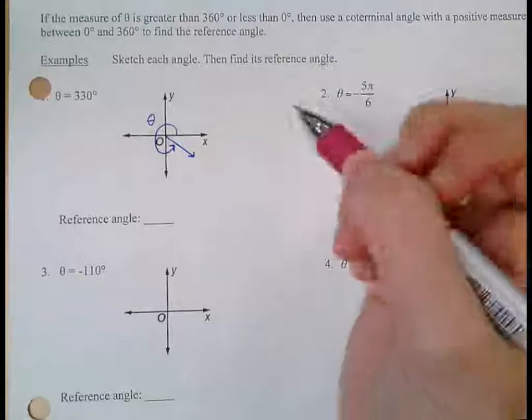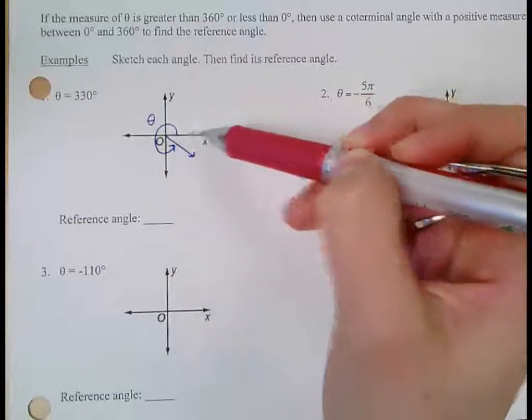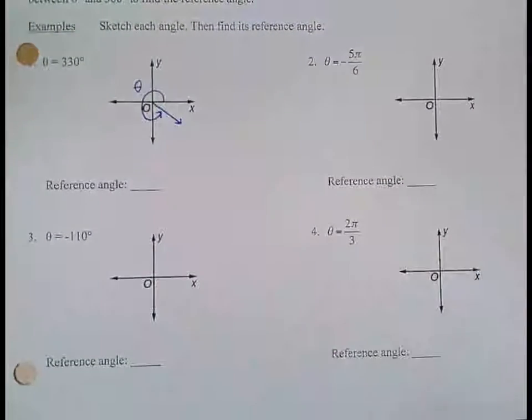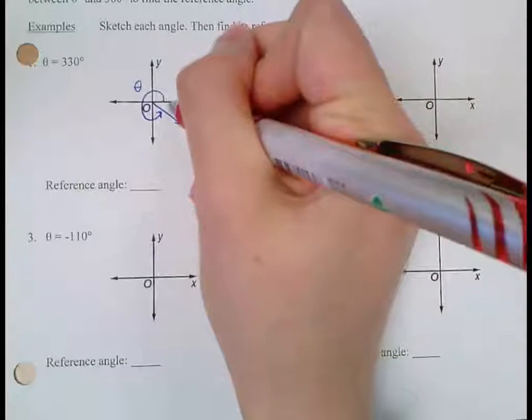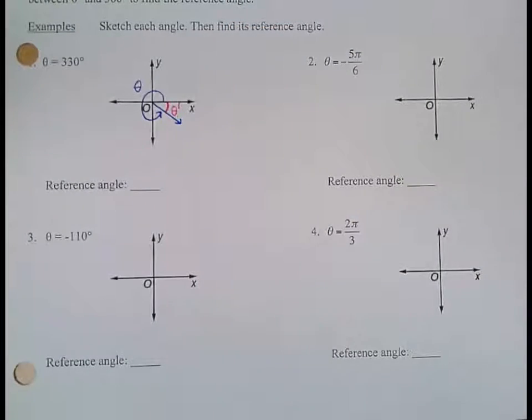Then the reference angle is between the terminal side and the x-axis. And if it helps, you can look at that box above as to where the reference angle will be if the terminal side is in quadrant 4. This angle here is the reference angle theta prime.